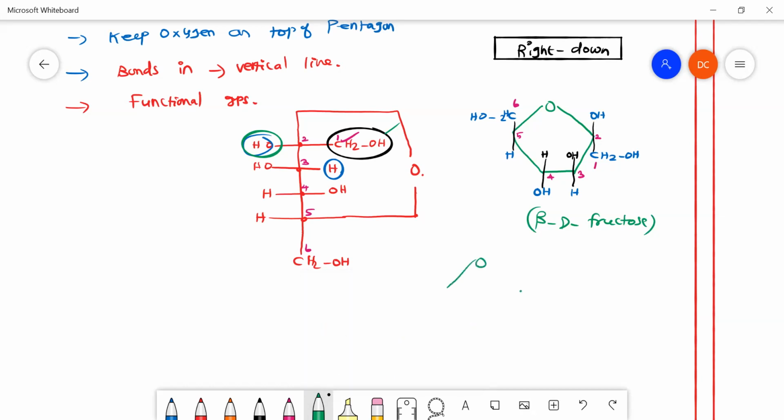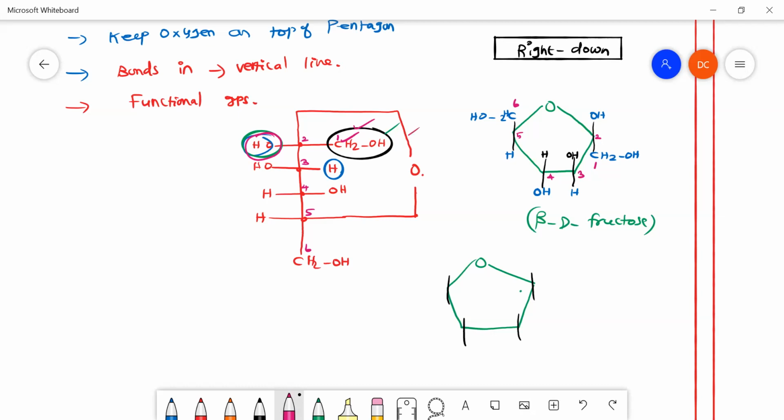What's the difference between alpha D fructose and beta D fructose? Can anyone say? In the first structure, the OH group is on the left side. If the OH group is present inside the ring, then it is called alpha.